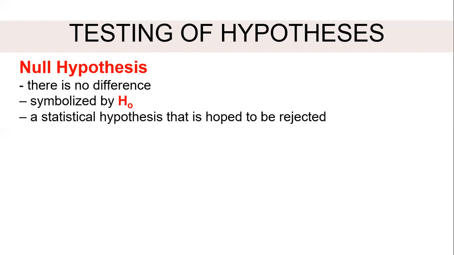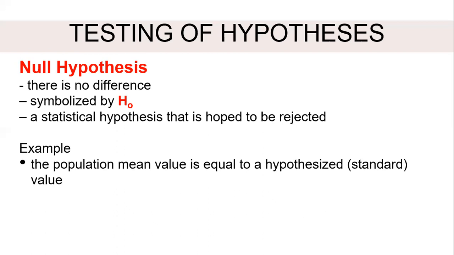It is a statistical hypothesis that is actually being tested and that is hoped to be rejected whenever possible. For example, the population mean value is equal to a certain hypothesized standard value. For example, your claim is that the height of students is 5'5".